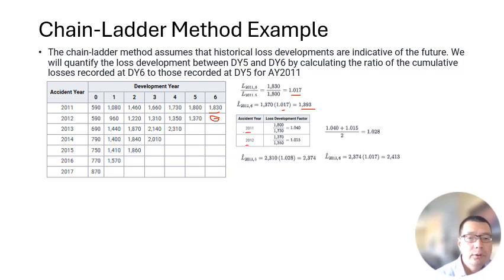So we utilize both factors. Since they are different, we average them to be 1.028. With that, we can calculate the value for this by using the new factor 1.028. And again, we also use the original factor we got from the first step, 1.107, to populate this.